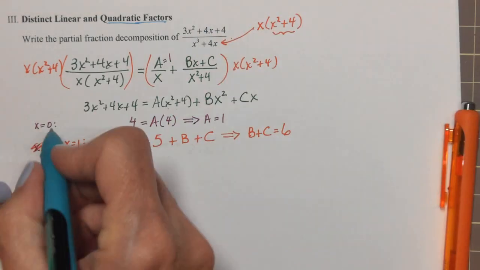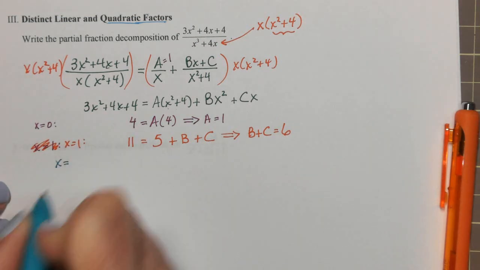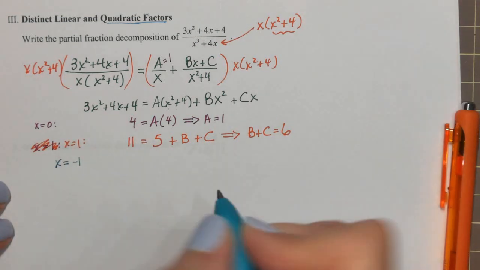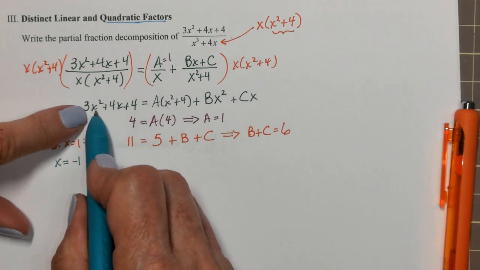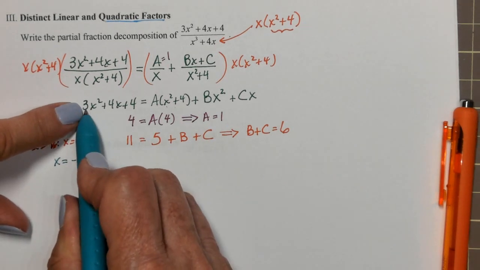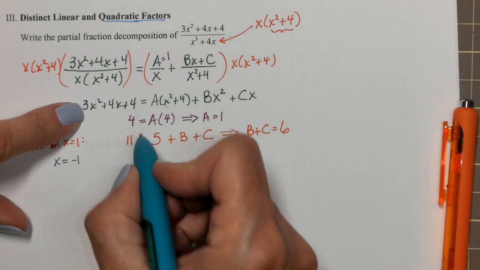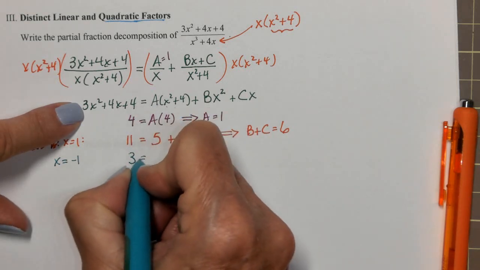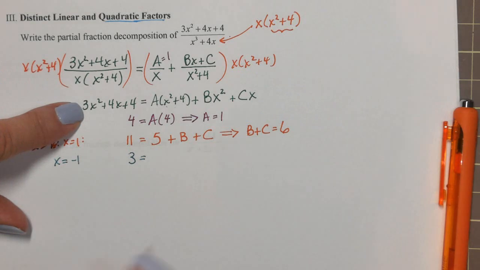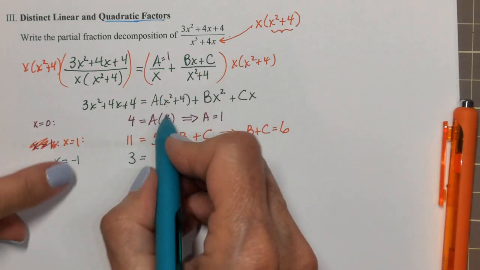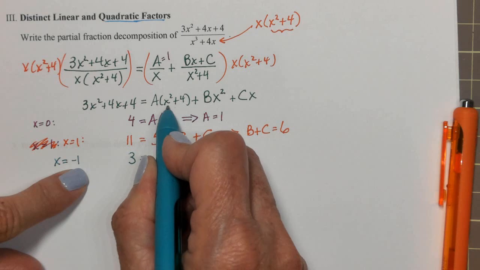Let's get the value of x. X is equal to -1. That's another nice value. So if x is -1, I have positive 3 minus 4 plus 4, which is just positive 3. A is still 1. And then I'll have -1 squared is 1, 5.